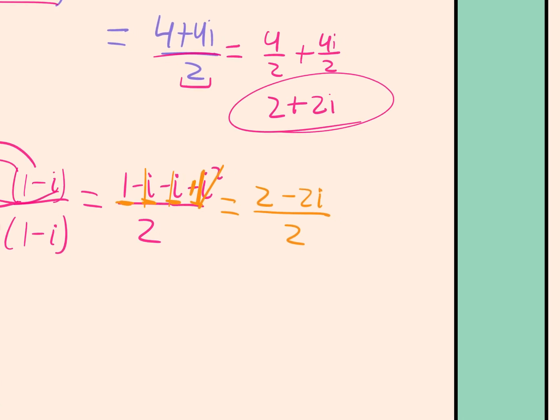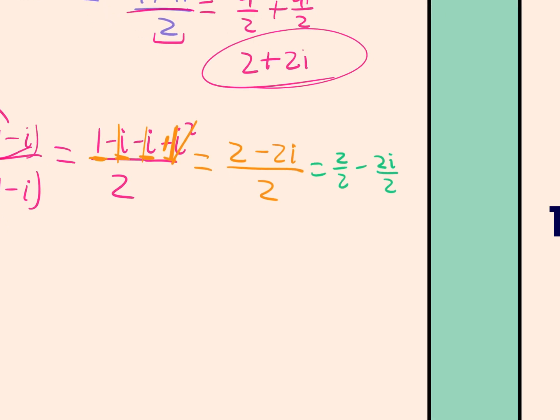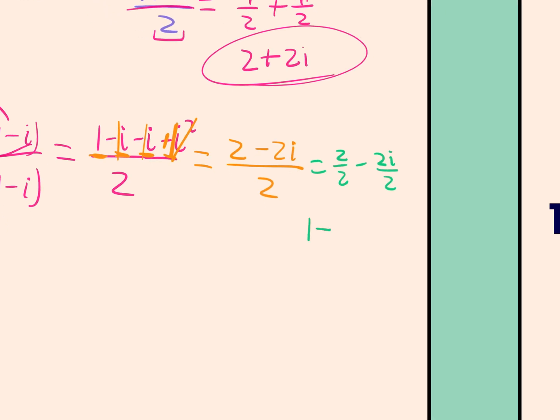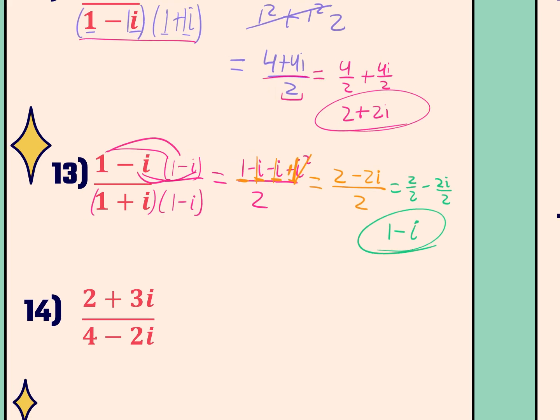You need it as a real number plus an imaginary. So this is the same as saying 2 over 2 minus 2i over 2. And 2 divided by 2 is 1, minus 2i divided by 2 is i. So this is our complex number in standard form.